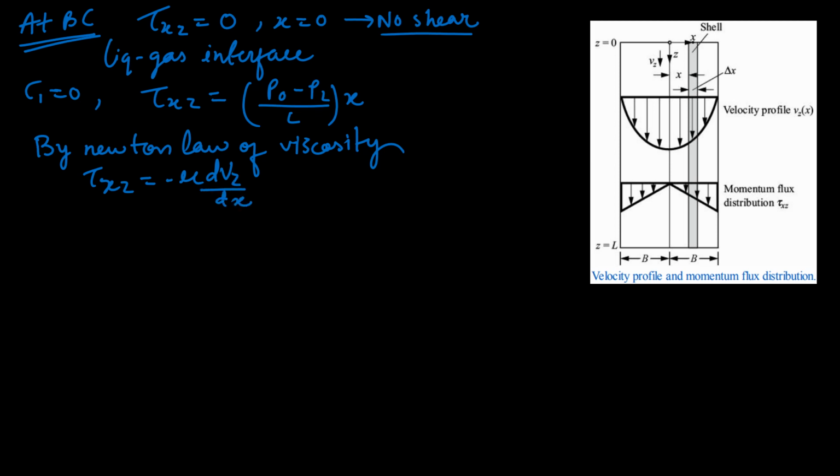So putting this value in equation 2, dVz upon dx equals to P0 minus PL upon mu L into x.